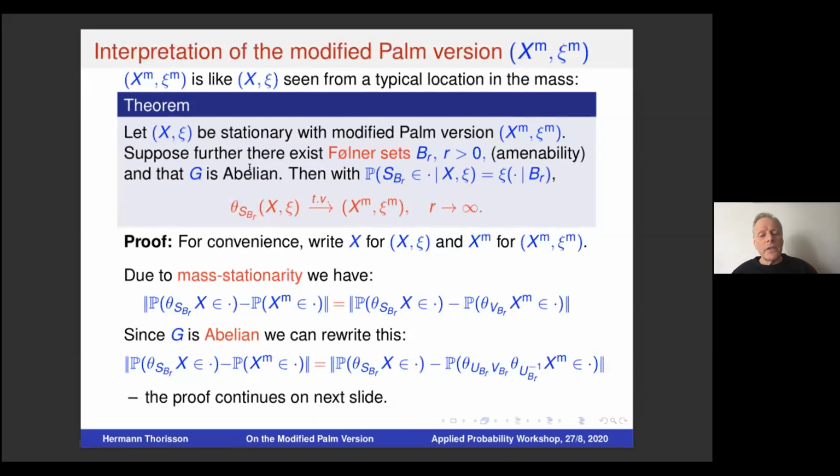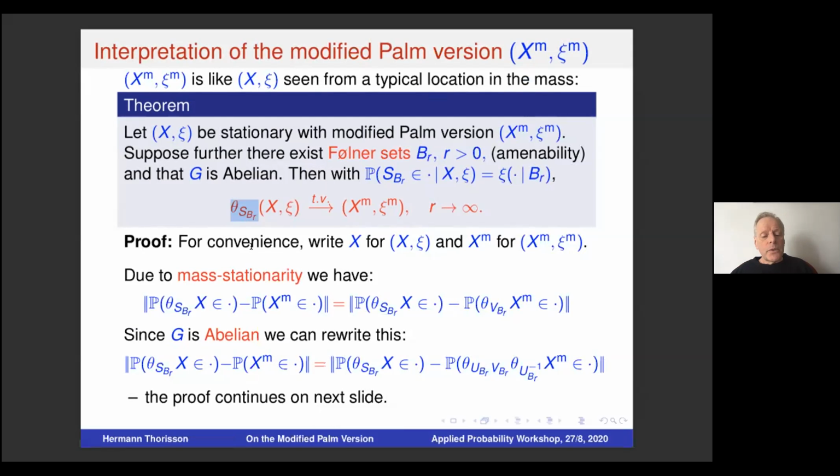Okay, and here is the theorem I had. Now we are shifting to a location according to the mass distribution, and then the stationary one tends in total variation to the modified one, and we need abelian for that.